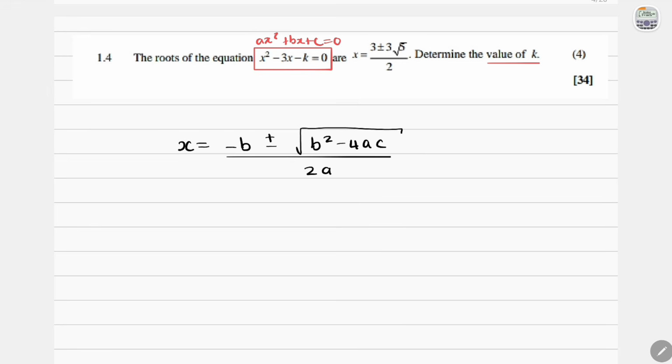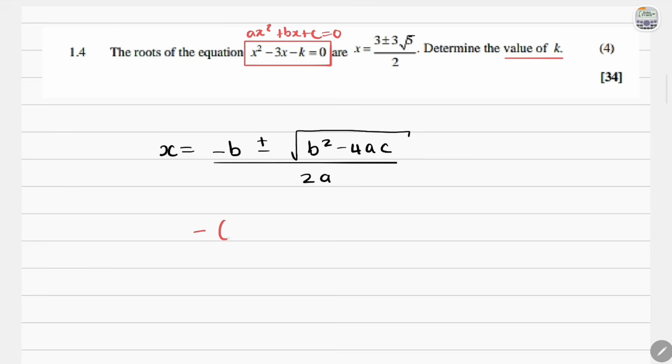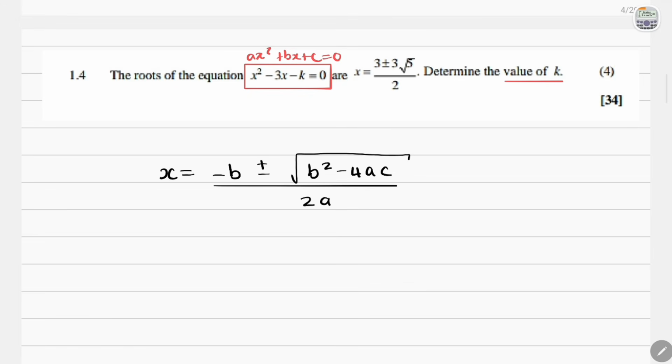So the other ones are no problem. We can see what b is. It's definitely negative 3, because you say negative and then b. So b is negative 3, so that became a positive 3. That's fine. But we need to focus on the side that would help us find c, and that is specifically what comes after the plus minus, because that includes c.